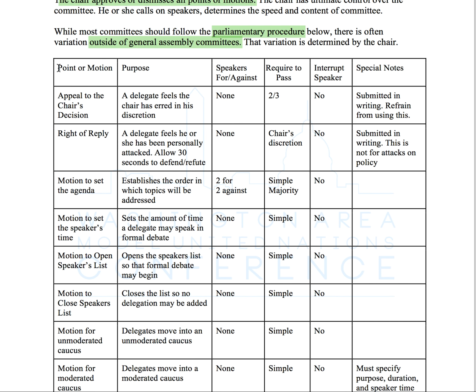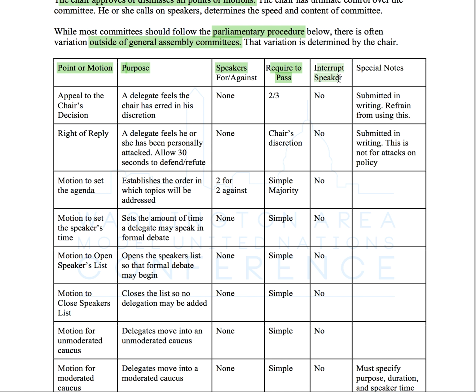So looking over here, we have the point or motion, the purpose, and then there are some motions for which you need to have speakers for or against. And then this is the pass ratio that's required.